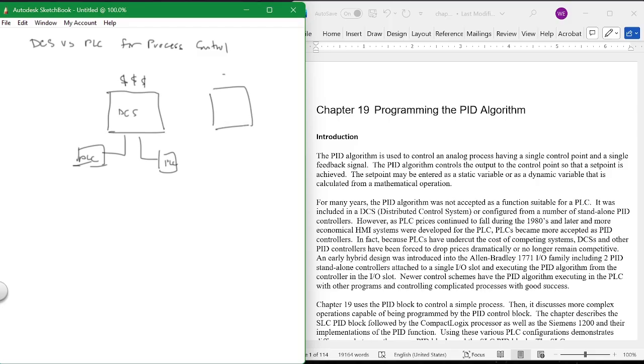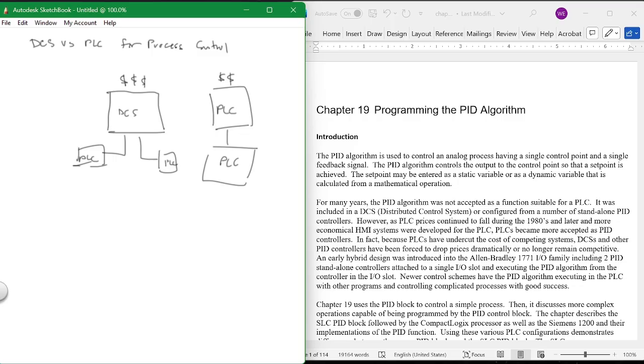PLC systems, on the other hand, are not as much money, but they let you do more programming, but yet there are caveats that you have to do in order to get things to work with a PLC system that these guys take care of for you. So these guys, they're not as much money, but they can communicate to other PLCs if you want to, but you don't have to.